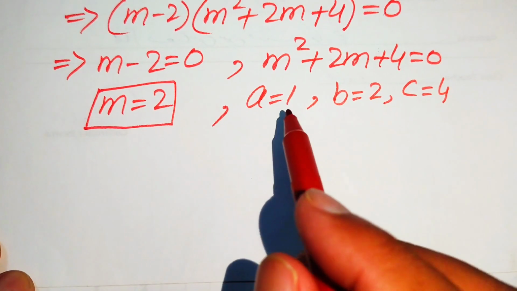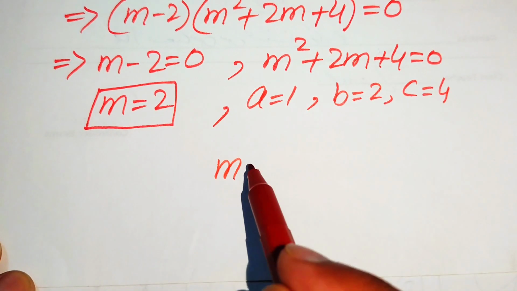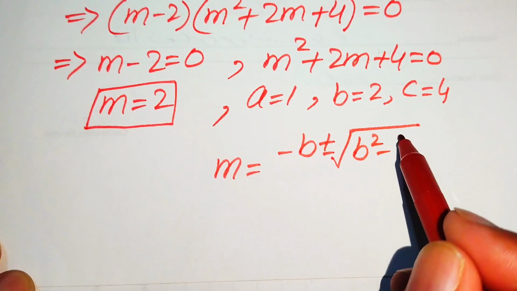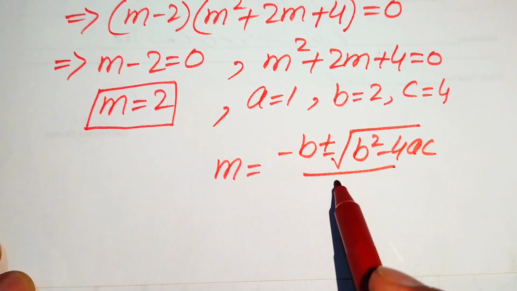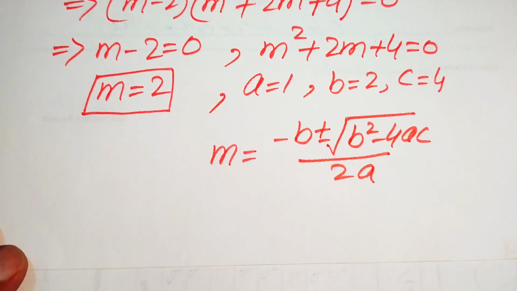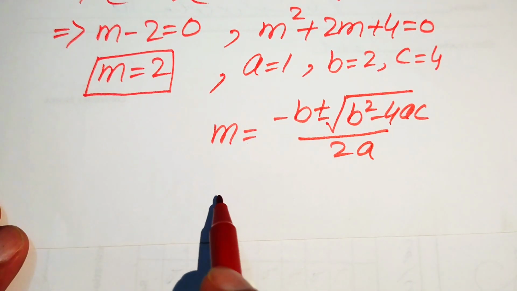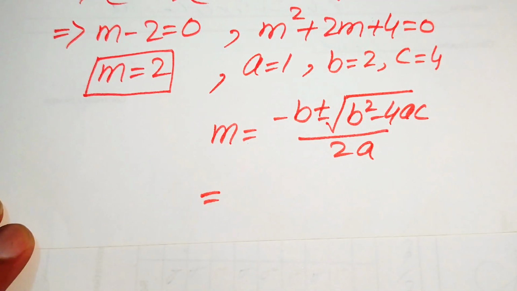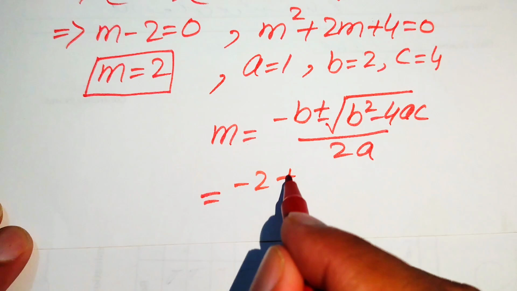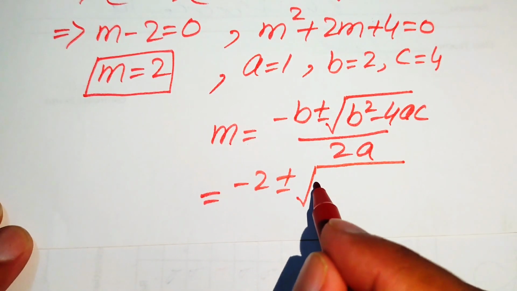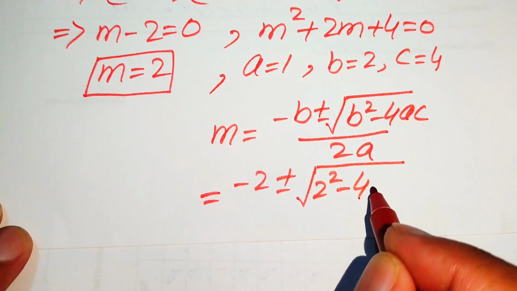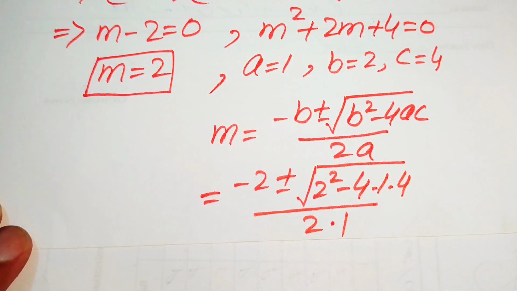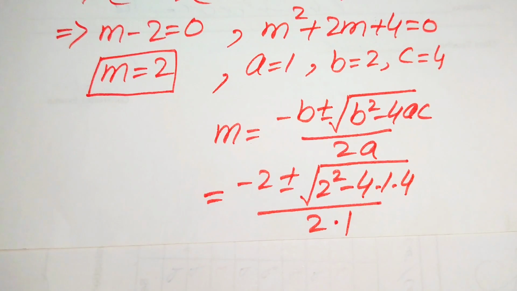So here we write the quadratic formula: m equals minus b plus minus square root of b squared minus 4 times ac, divided by 2 times a. And here we put the values of a, b and c in this formula, and it is written as minus 2 plus minus square root of b squared, so 2 squared, minus 4 times a is 1 and c is 4, and it is divided by 2 times a, and our a is 1.